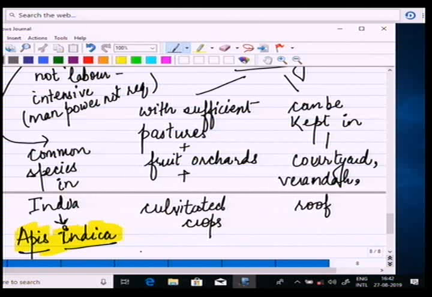So Apis indica happens to be the most common species of the honeybee found in India.